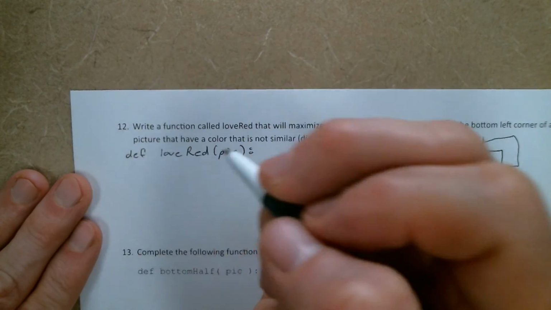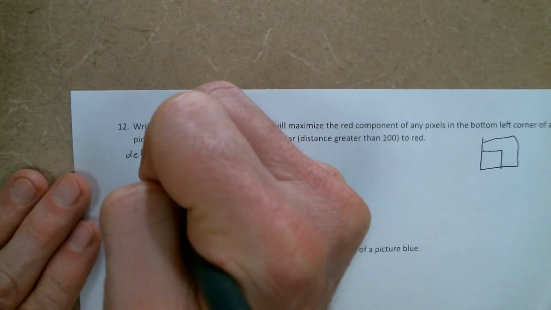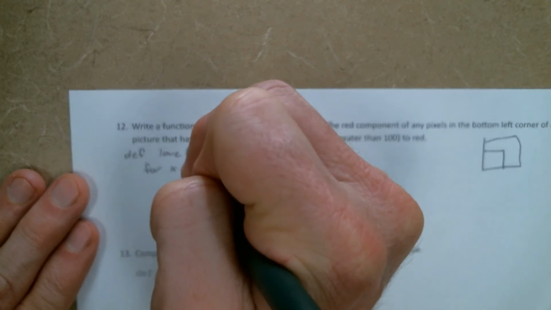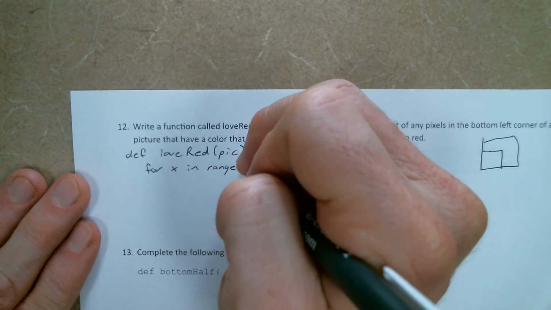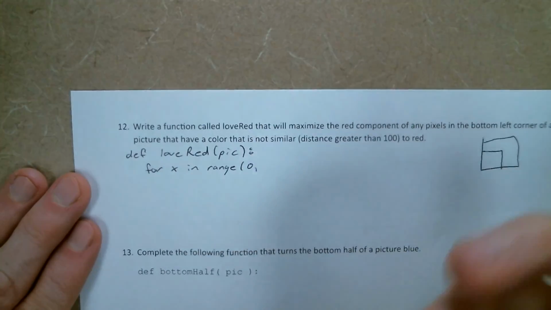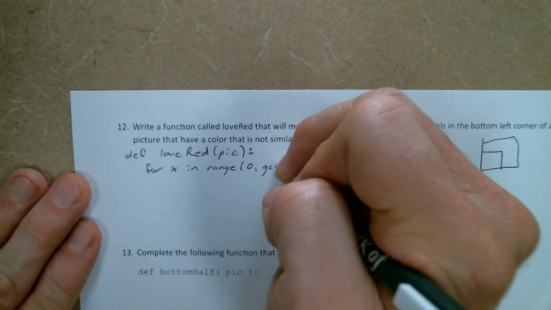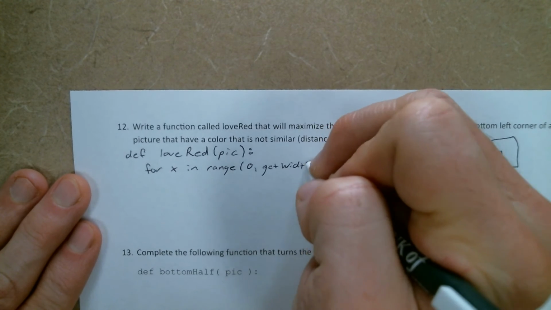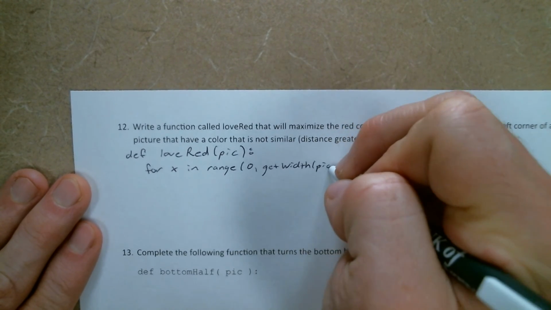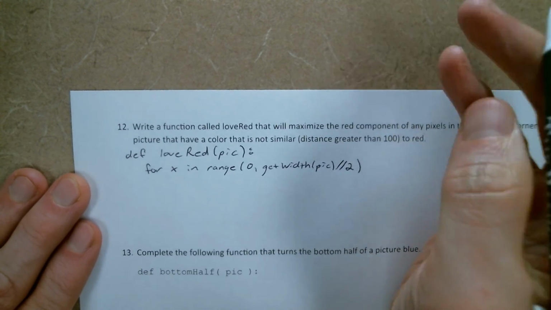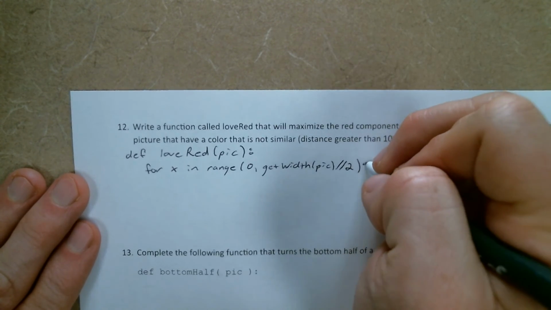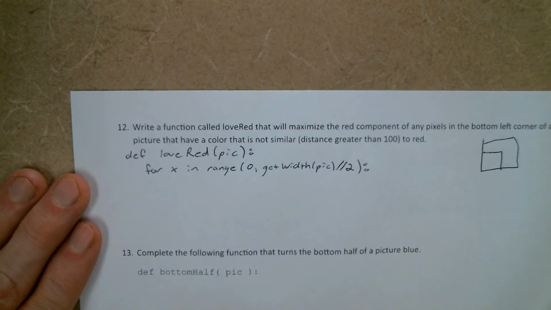So what that's going to look like is for x in range, I start at 0, but I only go to getWidth of pick divided by 2. The double division just drops any decimals because range shouldn't have a decimal in it.